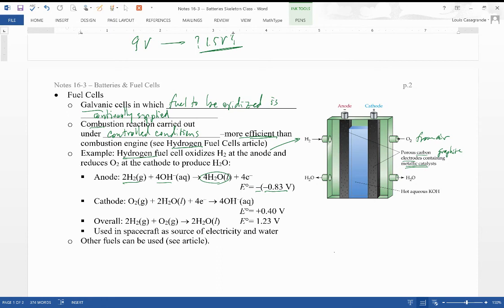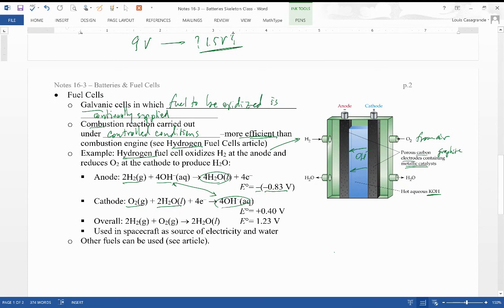At the cathode, the oxygen gas is reduced to hydroxide, and it takes 2 waters to do that. Notice now we've got 4 hydroxides going into the anode, 4 hydroxides going out at the cathode.